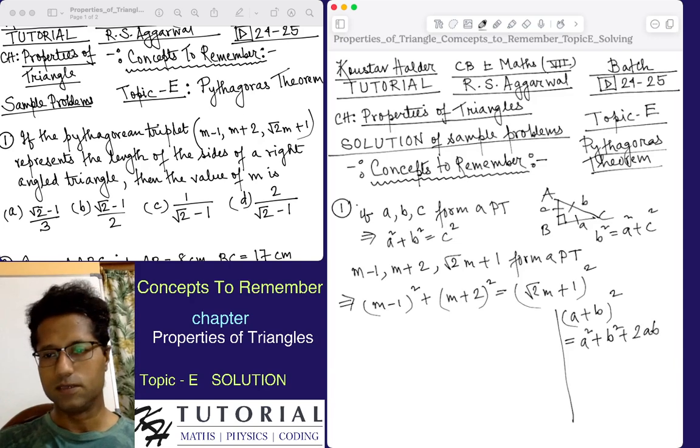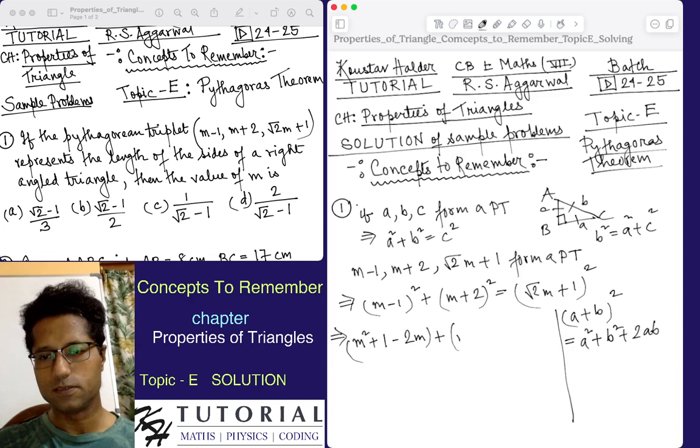So if we apply this formula in this equation, we will get m minus 1 whole square is m square plus 1 minus twice m, and m plus 2 whole square is m square plus 2 square, that is 4 plus 2 into 2 into m.